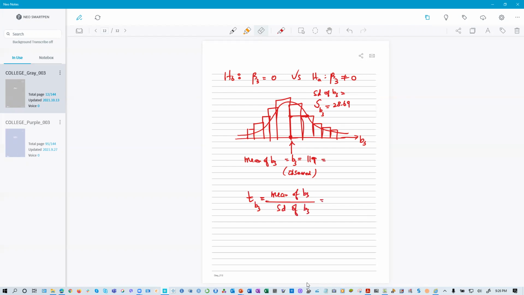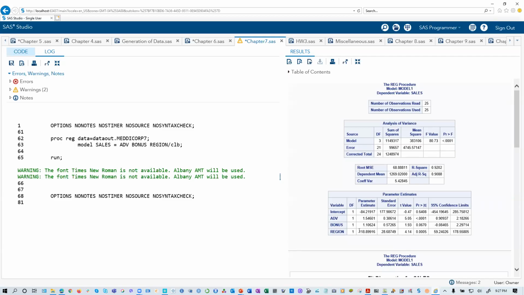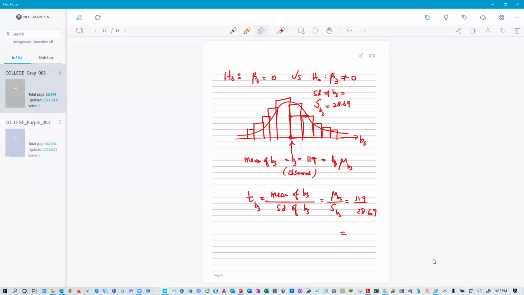This is nothing but mu of B3 divided by S of B3, which is 119 divided by 28.69. That's how they got this value. This is for all the parameters as well. They divide 119 by this one, and then they got the 4.14.